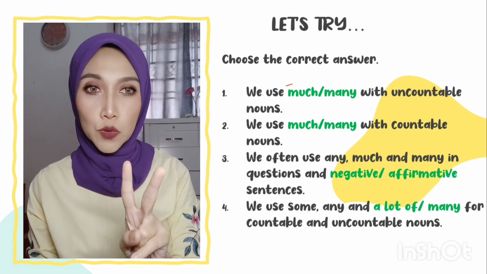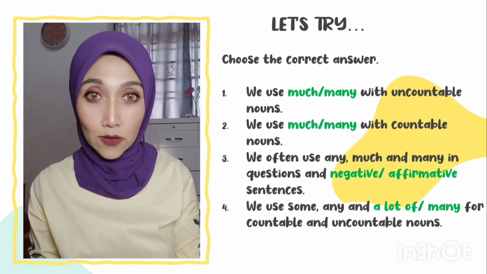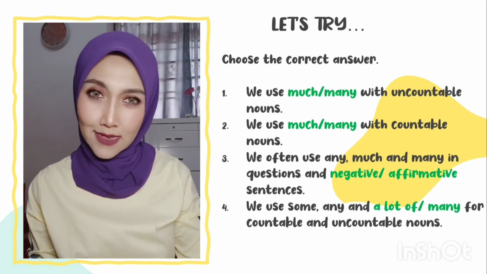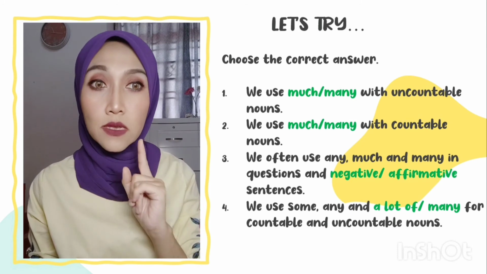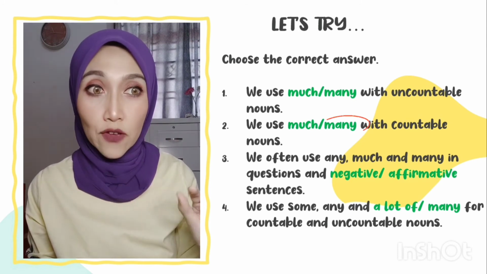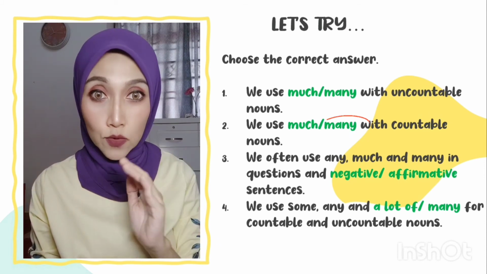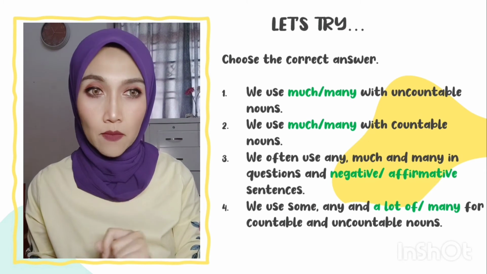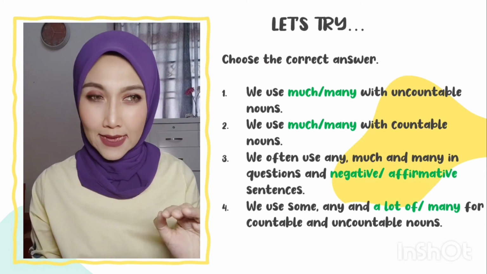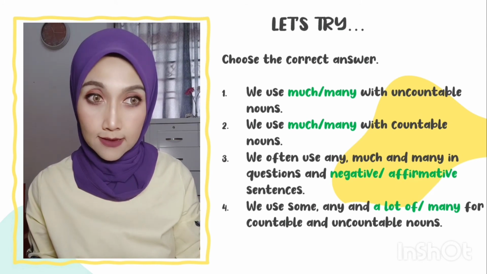Okay. Number 2. We use much or many with countable nouns. Just opposite of the first one. If we use much for uncountable, it means we use many for countable nouns. Benda yang boleh dikira, kita guna many. Good.